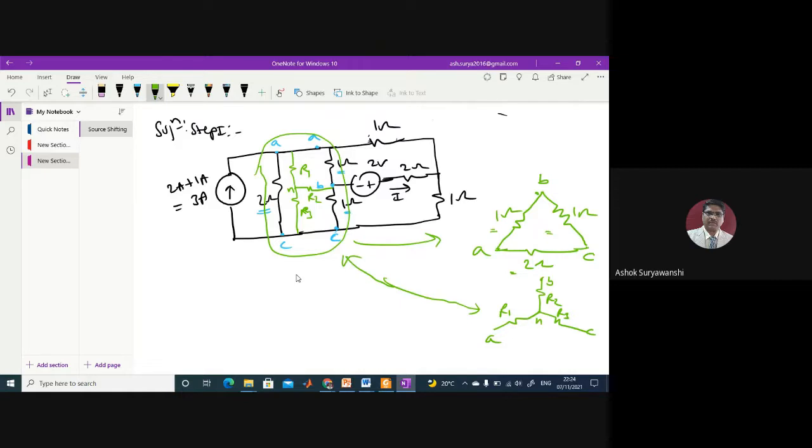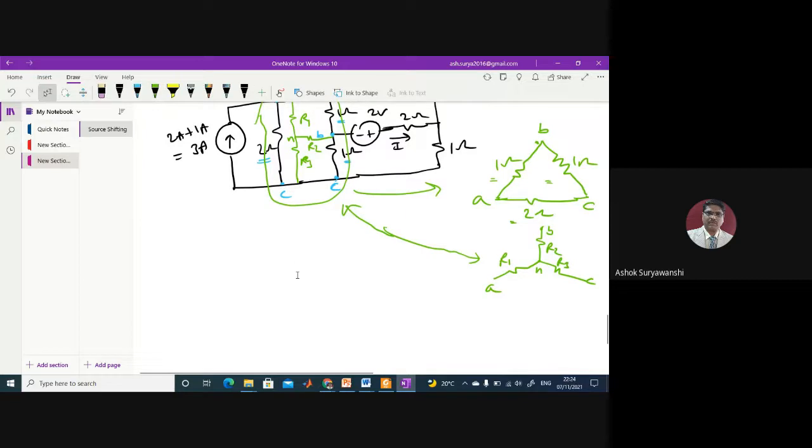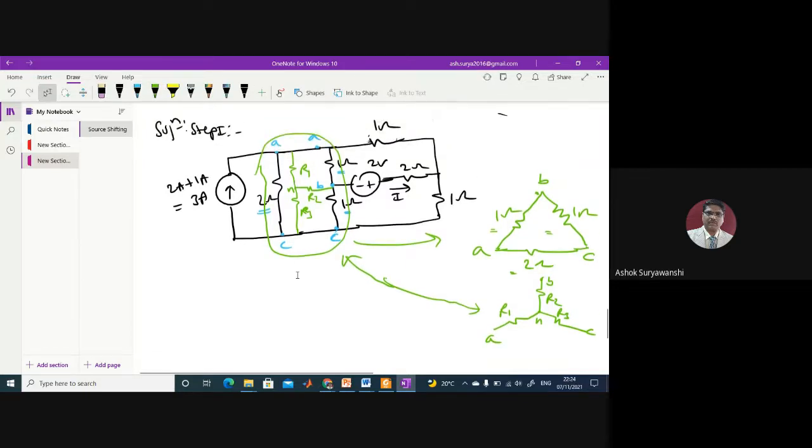So after the transformation of this delta formed by 2 ohm, 1 ohm and 1 ohm, you will get a circuit something like this. So I'll try here. This is 3 ampere.